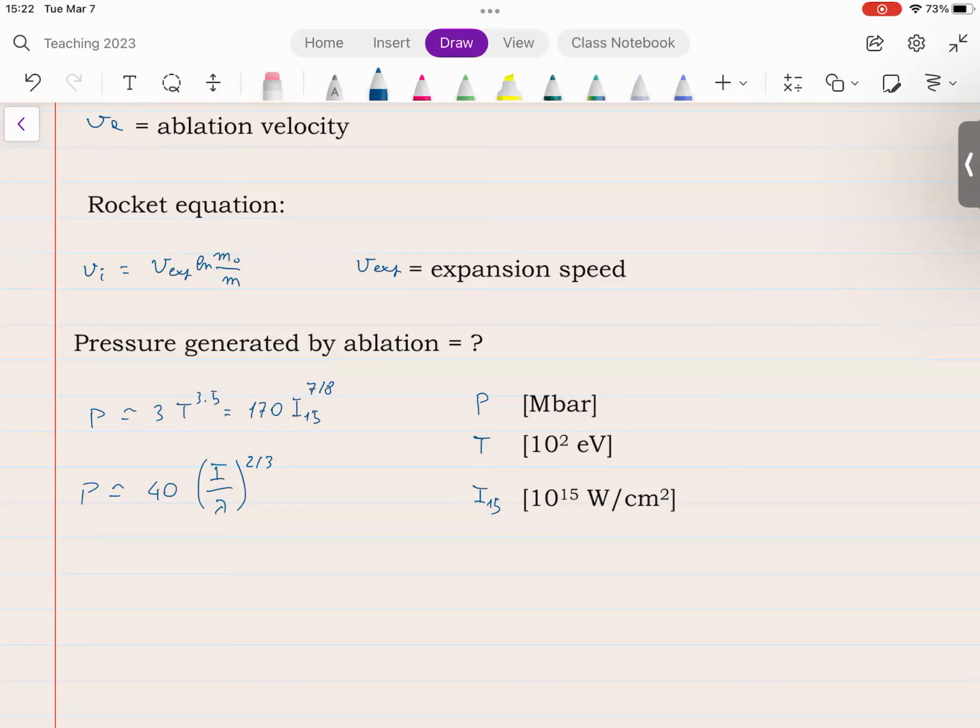But lambda is the wavelength of the laser.